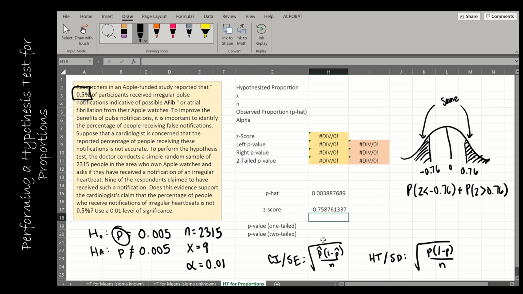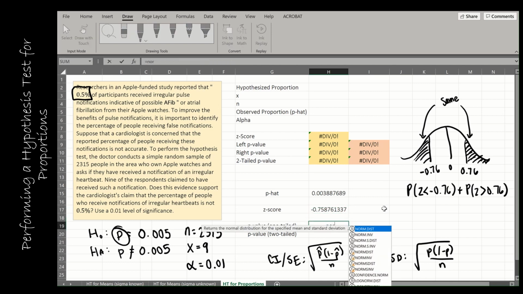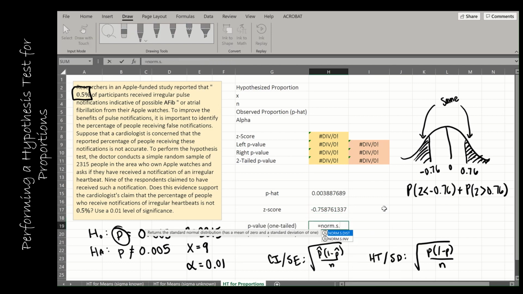So if my probability is one-tailed, this is the negative value, I can take NORM.S.DIST of that value, and of course cumulative is true, that gives me that this area, this probability on the left-hand side of the negative is 0.224.